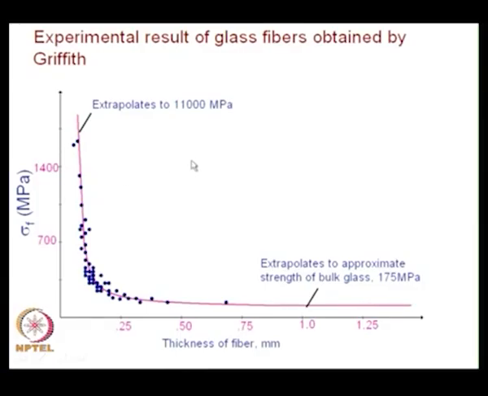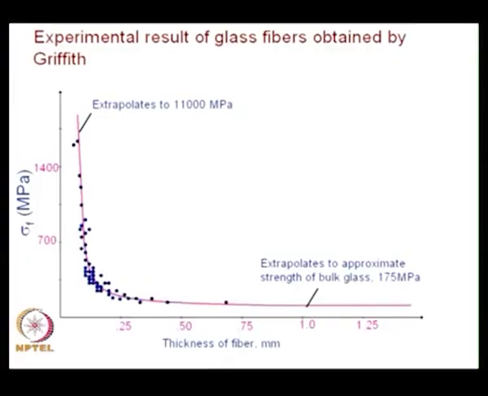So, what Griffith looked at was, in the case of glass fiber, the presence of cracks has diminished its strength. So, he was able to provide a rational explanation why, when the size of the specimen diminishes, the strength increases. I would like you to make a neat sketch of this graph.